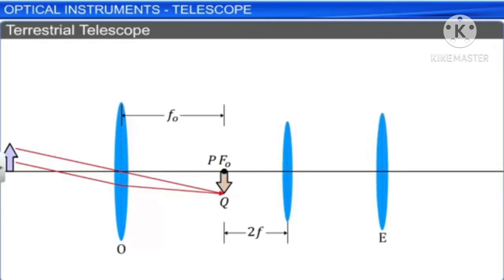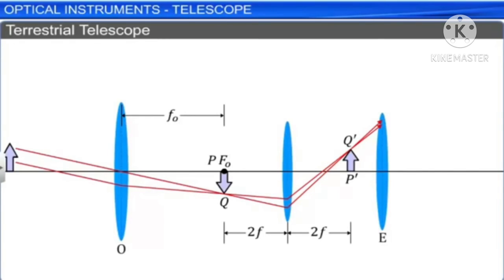PQ now acts as an object to the inverting lens, and since this image PQ is at a distance 2f from it, the inverting lens forms an image P'Q', which is real, inverted, and of the same size as PQ.